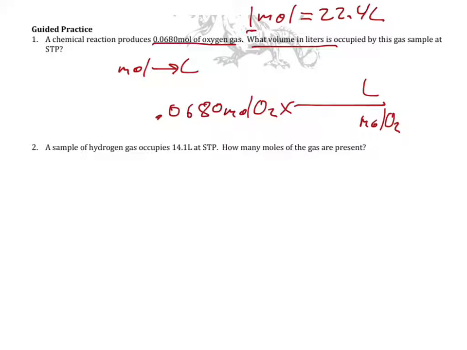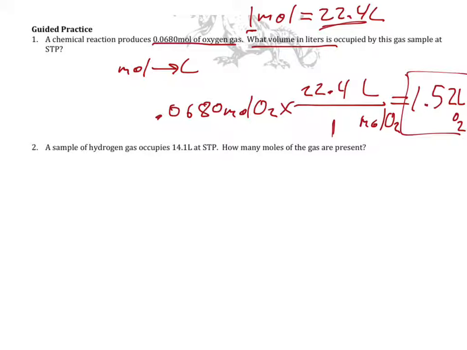We know that 1 mole is 22.4 liters. All you do is type that in your calculator and you get 1.52 liters of O2. This is your answer. It's that simple.